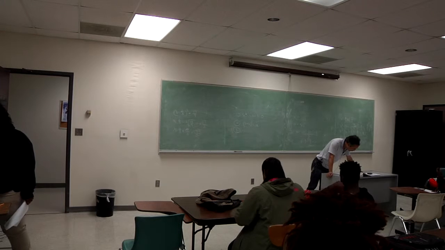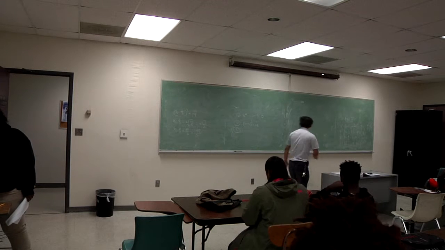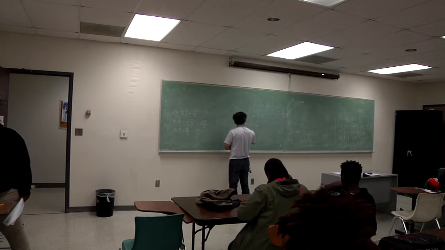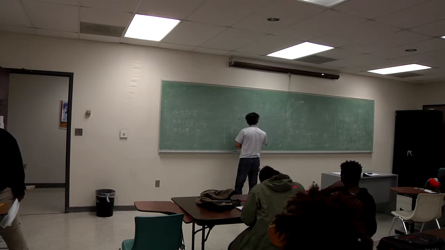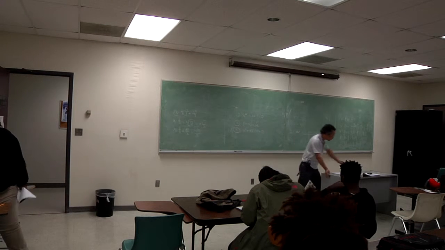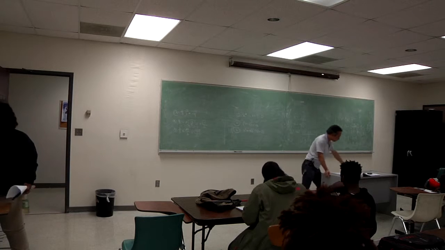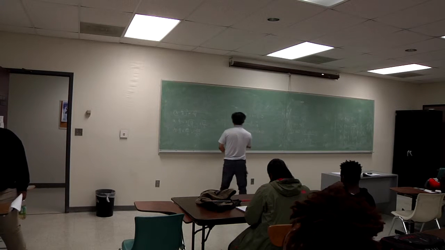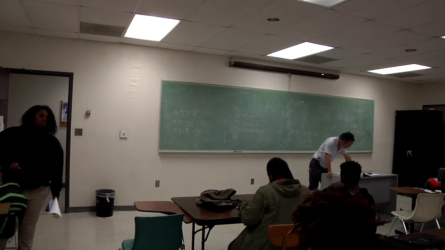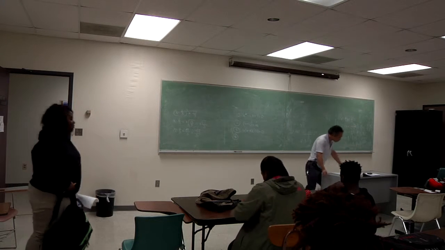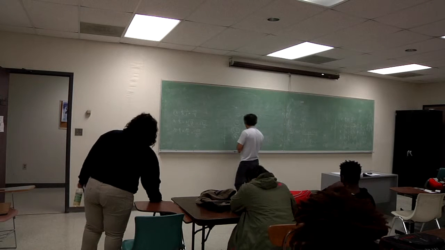All right, so now the third group, we will solve the equation of this. And the fourth group, we will do x squared minus 2x minus 3.